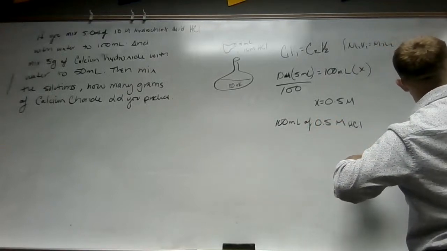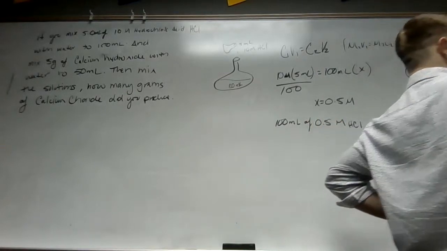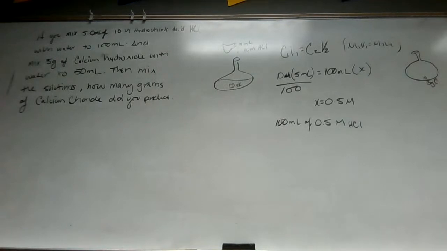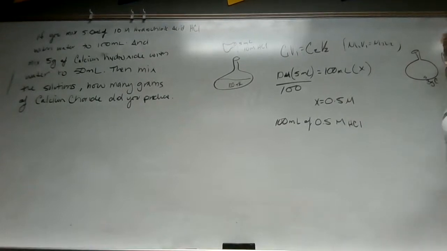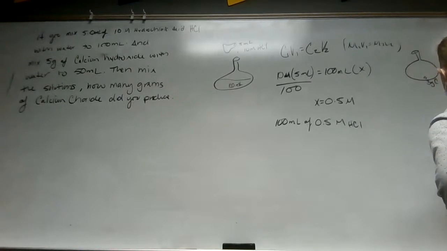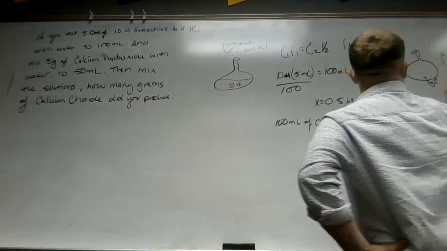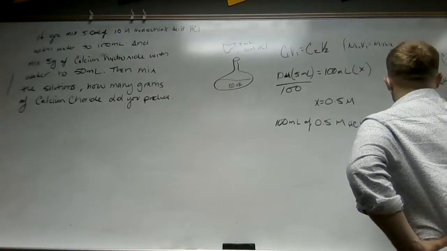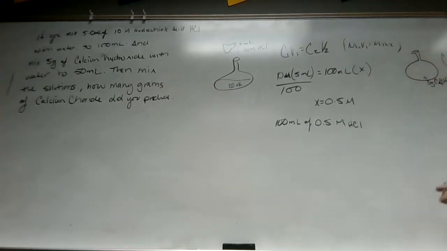That's OH minus. What's the charge on calcium when it becomes an ion? So Ca 2 plus, we flip our charges. We have Ca(OH)2.